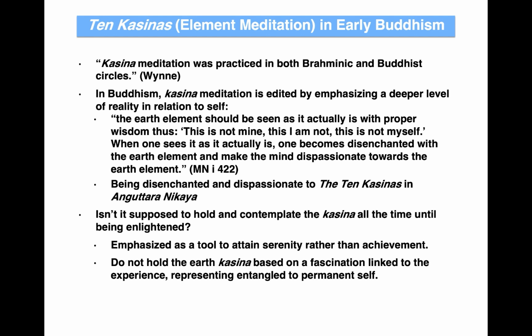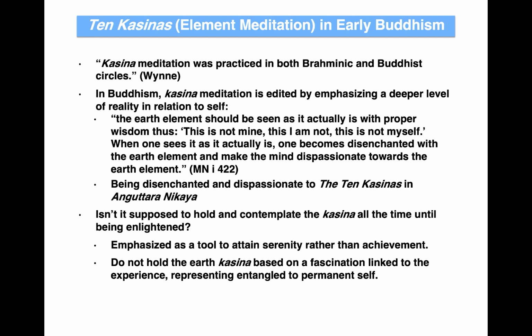In Buddhism, kasina meditation is edited by emphasizing a deeper level of reality in relation to self. The Majjhima Nikaya describes it like this: the earth element should be seen as it actually is with proper wisdom.